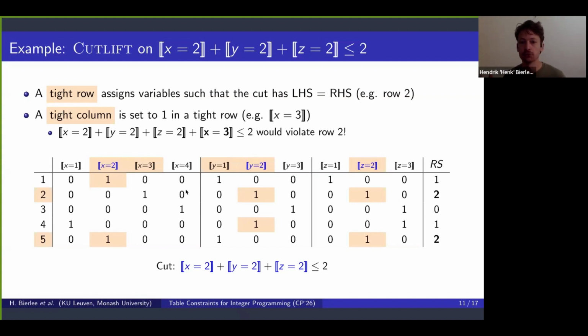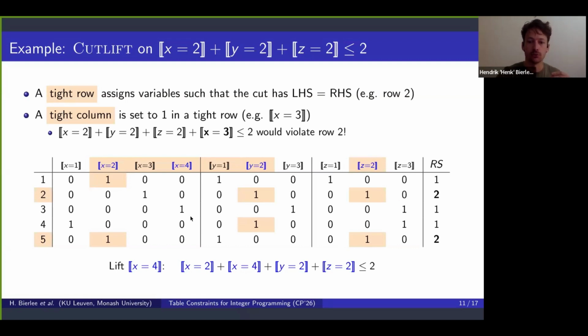And in fact, x equals 4 is 0 in all the tight rows. It's also 0 in row 5. It only has a 1 in row 3. And that one is not tight. So if we add x equals 4 to the left-hand side, that means that it has tightened row 3 a bit, but for the rest, nothing changed. In fact, row 3 is still not tight.